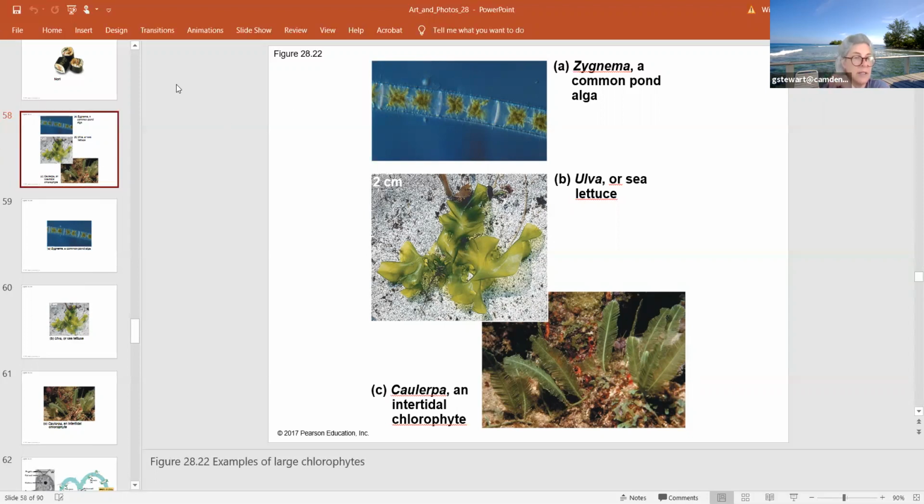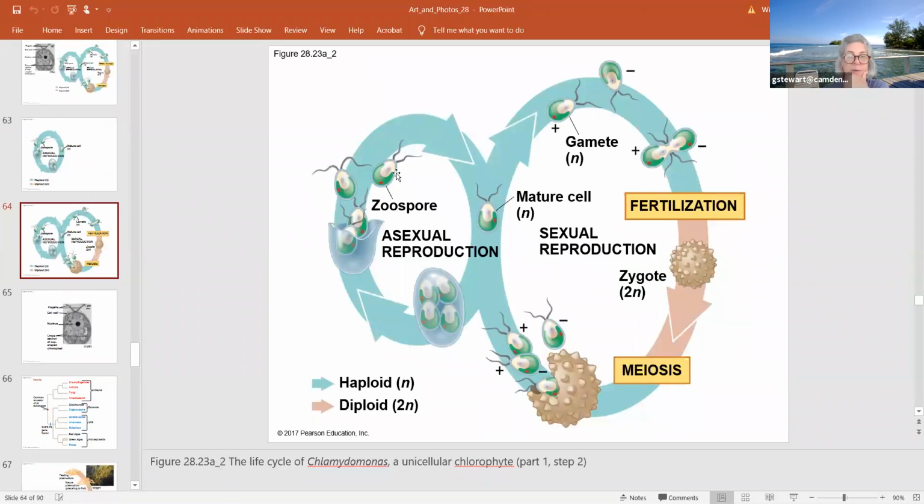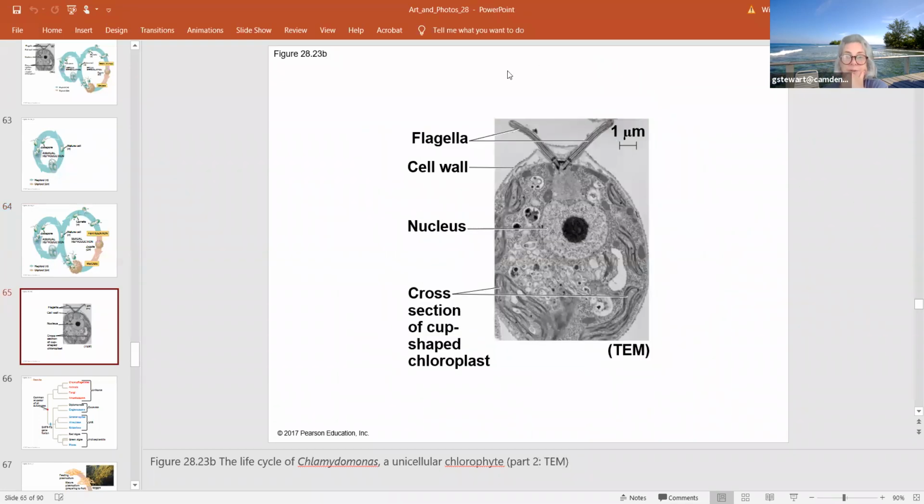The charophytes, I don't know that I have a picture of a charophyte. This is Chlamydomonas. This is a chlorophyte that undergoes alternation of generations, even though it's a unicellular organism. So that's kind of interesting. And we saw a picture of this way back in chapter 6 as one of our examples of cells with the big nucleus and the chloroplasts and the flagella and the cell wall, similar to a plant, right?